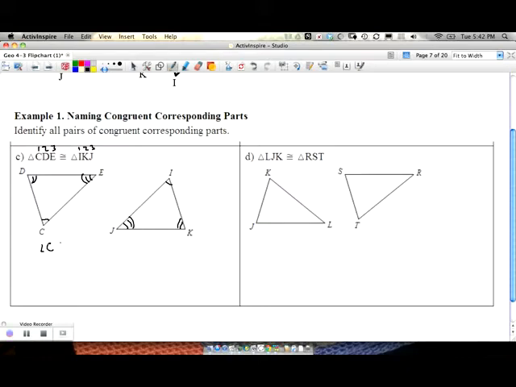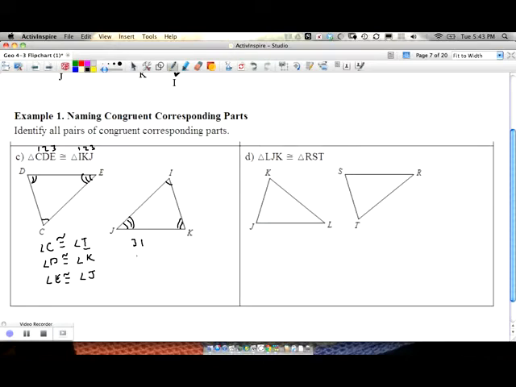So that means that angle C is going to be congruent to angle I. Angle D is going to be congruent to angle K. And angle E is going to be congruent to the last one, which is angle J.